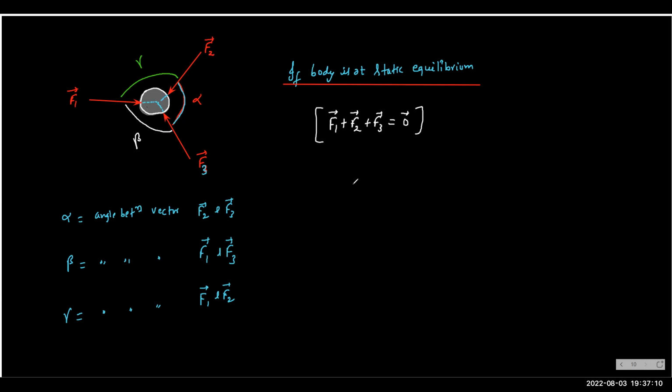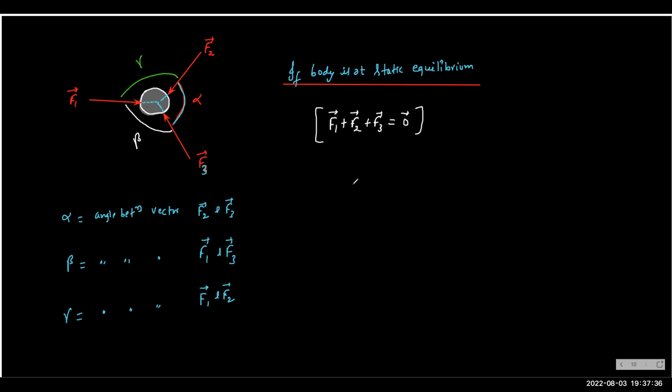Now, mathematically, when you have three vectors which add up to zero, what is it representing? Graphically, what does it represent? A polygon with how many sides? Three sides. And because the sum is zero, this polygon must be a closed polygon.